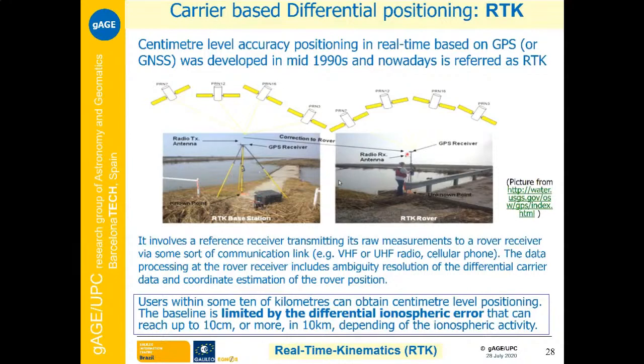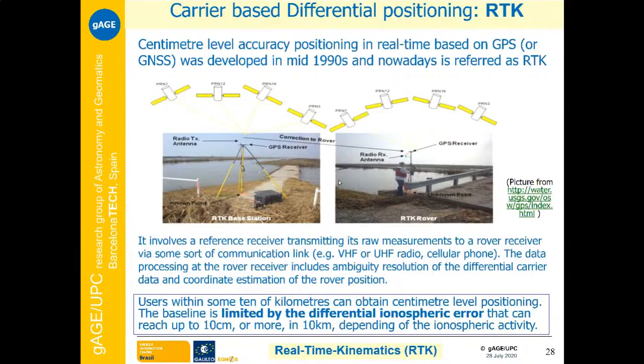But in carrier phase, our target is to achieve centimeter level of accuracy, and then everything must cancel or must be mitigated at this level. One of the main error sources is the ionospheric error, the differential ionospheric error. And this ionospheric error increments with the baseline, and this is the most limiting factor for the carrier phase differential positioning, in particular for the RTK.